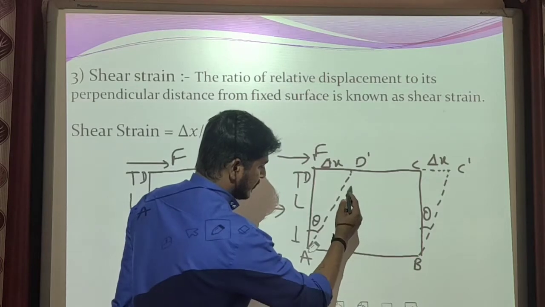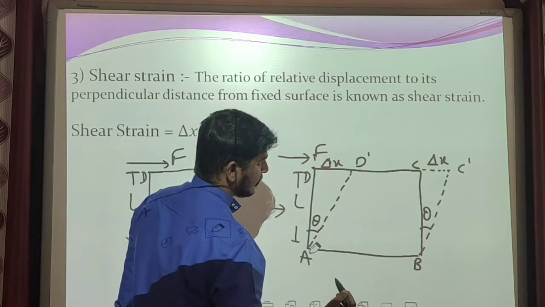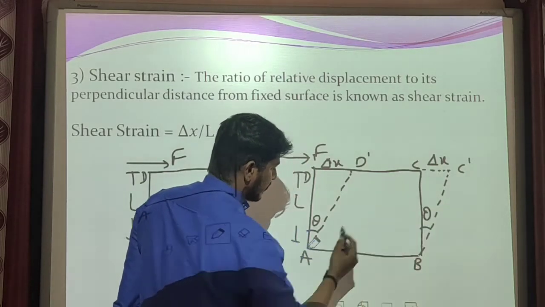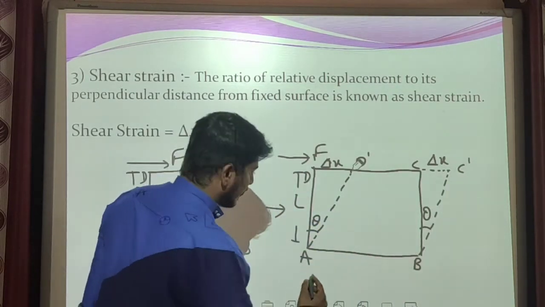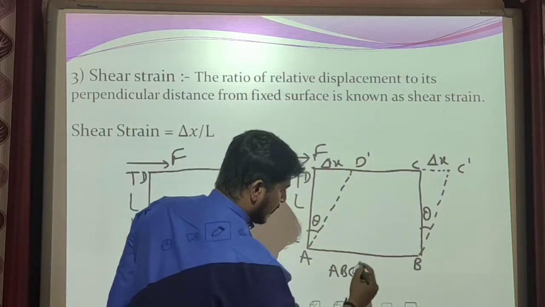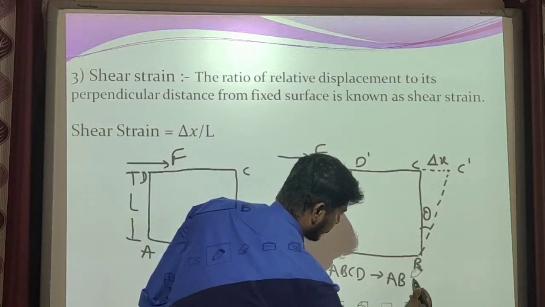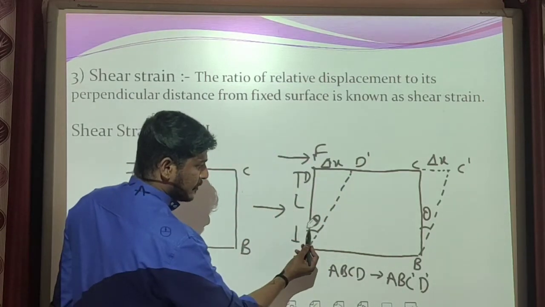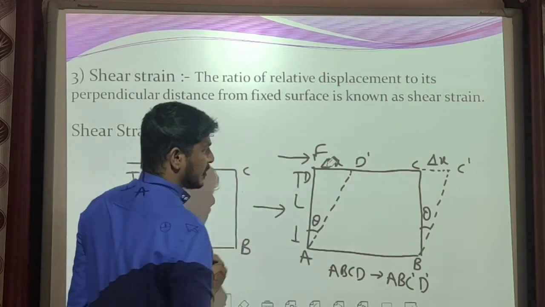After deformation, this body takes a new shape, that is A, B, C dash, D dash. Initially it is in A, B, C, D shape. After applying force, it takes a new position, A, B, C dash, D dash, and here it makes an angle theta. This is the shear angle, and this is the displacement.